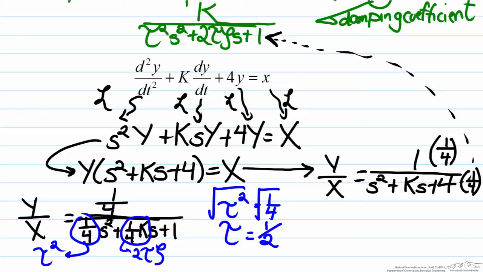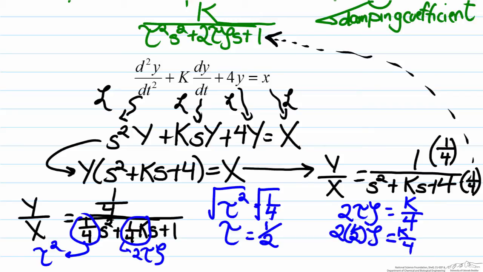So to find zeta, we know that 2 tau zeta equals k over 4. If we substitute in the 1/2 for tau, we can easily see that zeta will be k over 4.